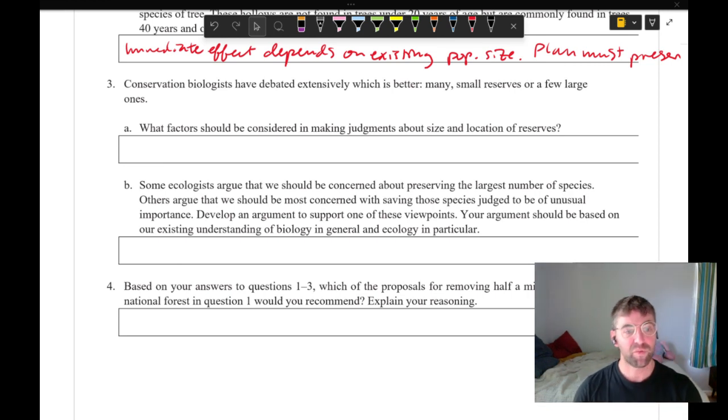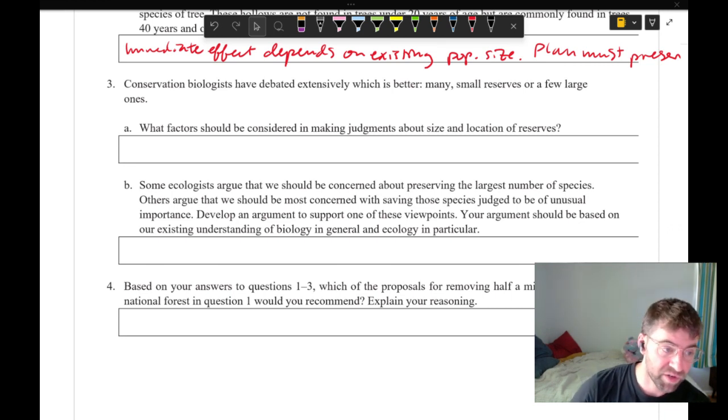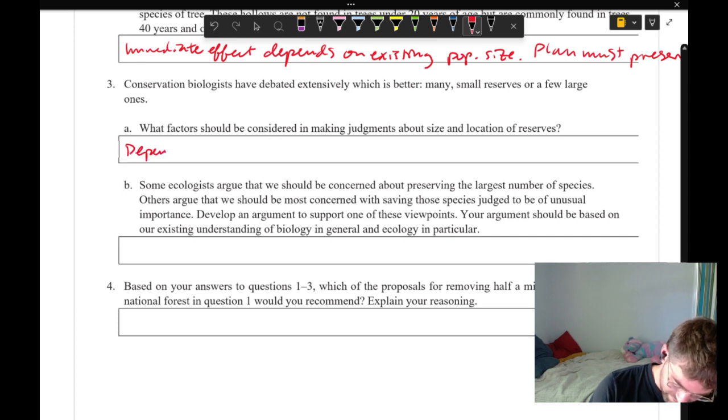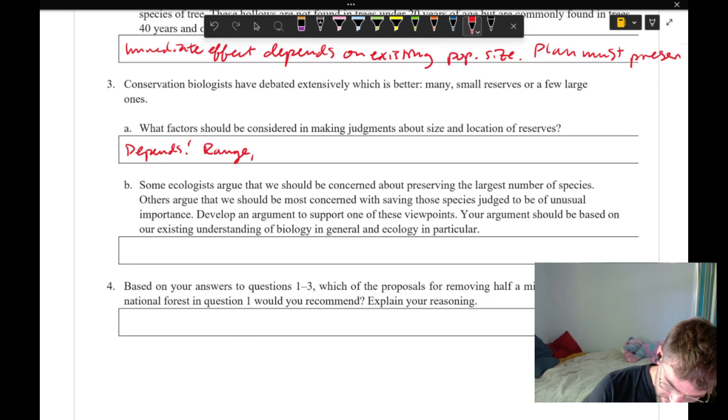Some species roam over wide ranges and may do better if many small reserves are connected into one large one. But some species can survive in only old growth forest areas that have appropriate nesting sites. So range, habitat suitability.